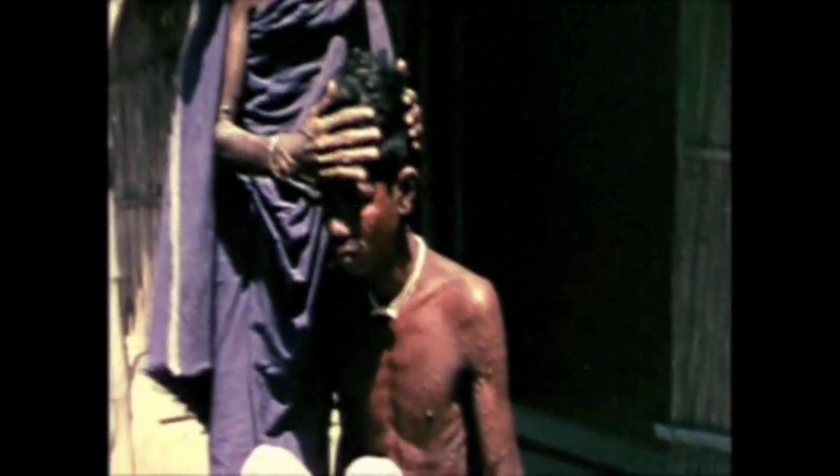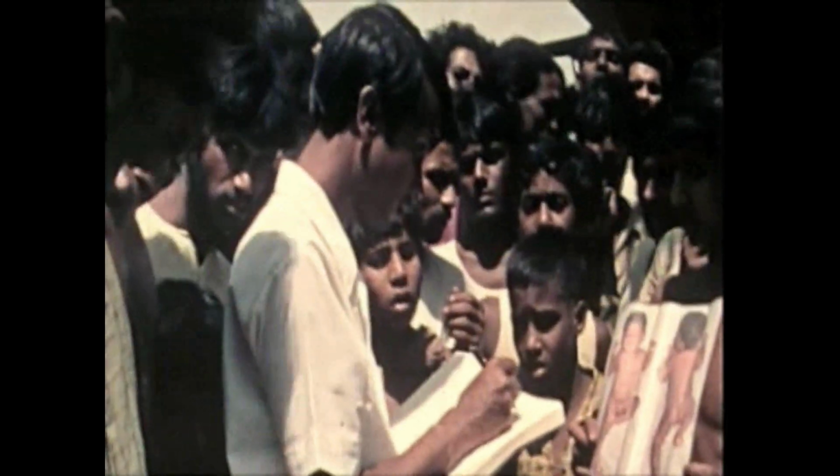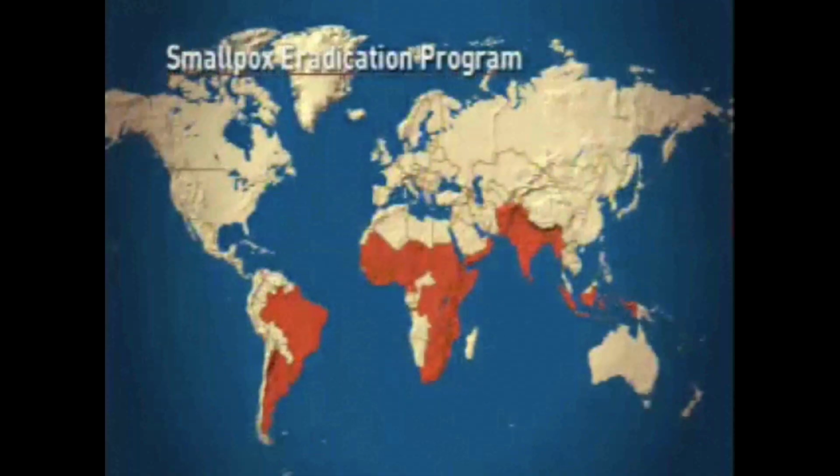There were no silent carriers who could spread it. But teams still had to go out and hunt it down. A photo of a baby with smallpox said everything people needed to know to help find the victims. Slowly, one needle at a time, the killer was cornered.